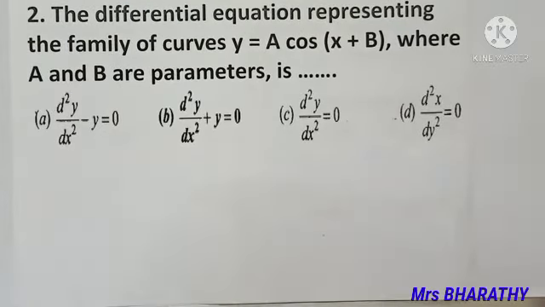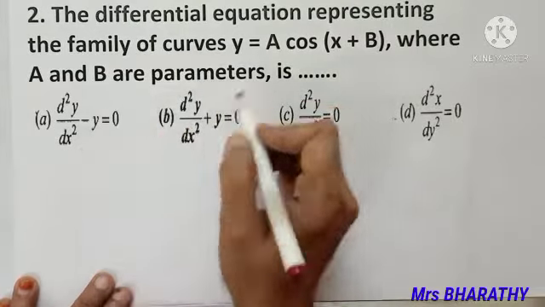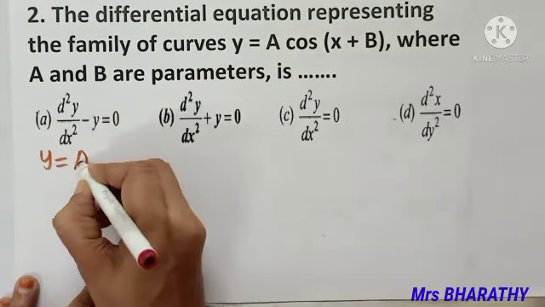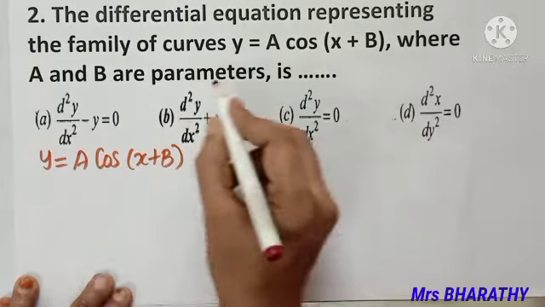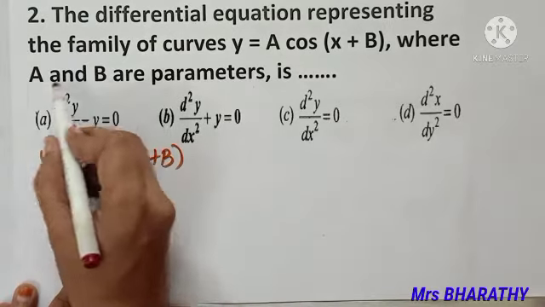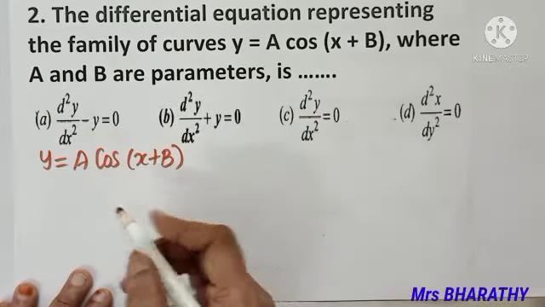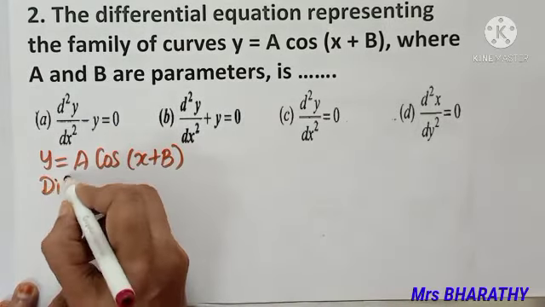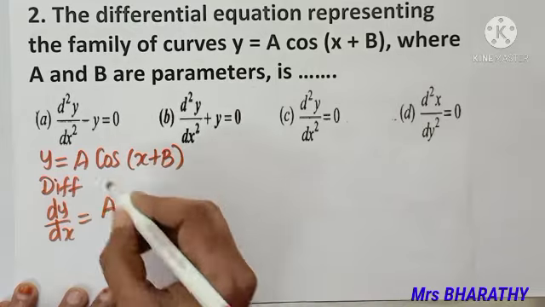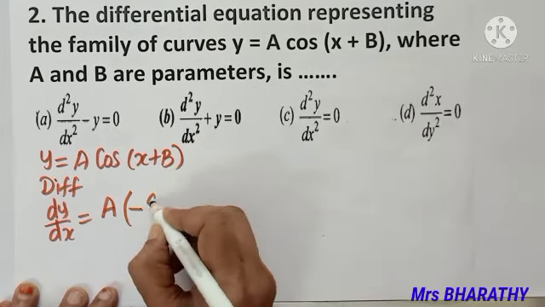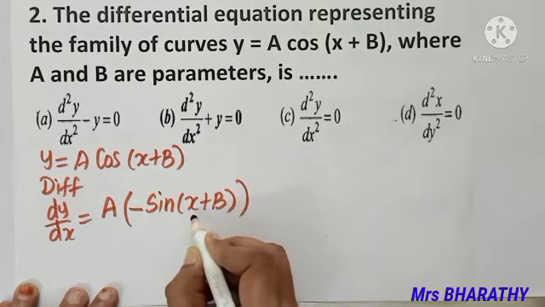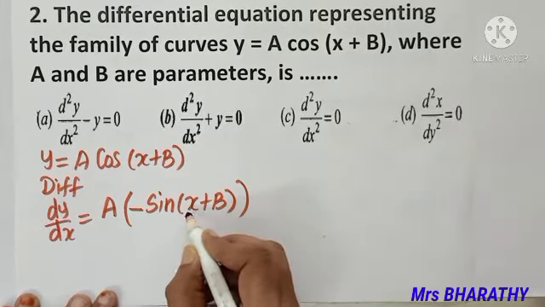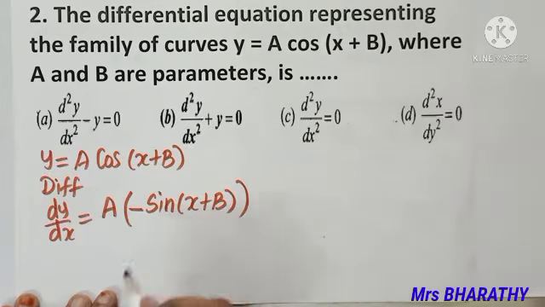Question number 2. The differential equation representing the family of curves y equals a cos x plus b, where a and b are the parameters. Whenever I have two constants, I have to differentiate twice. So y becomes dy by dx equals a as it is, cos when I differentiate becomes minus sin, x plus b. x has no coefficient, so I can just write cos as minus sin.